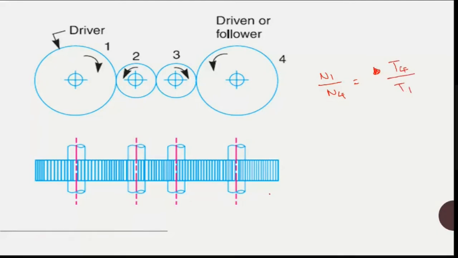Very good. Train values are reciprocal. N4 by N1 is equal to T1 by T4. Of course, you know how this came. If you look carefully, N1 by N2 into N2 by N3 into N3 by N4. They cancel, and then you get this. This is the final formula.